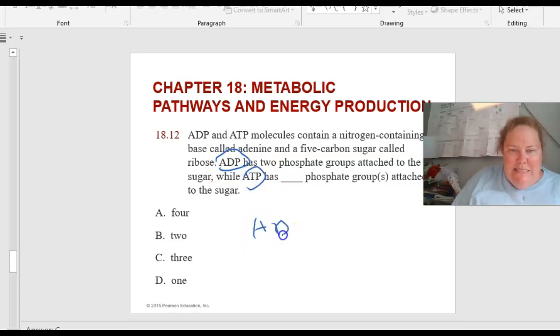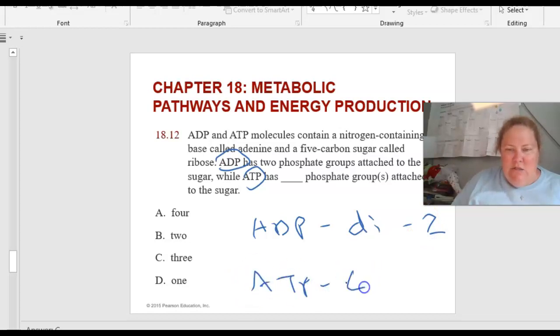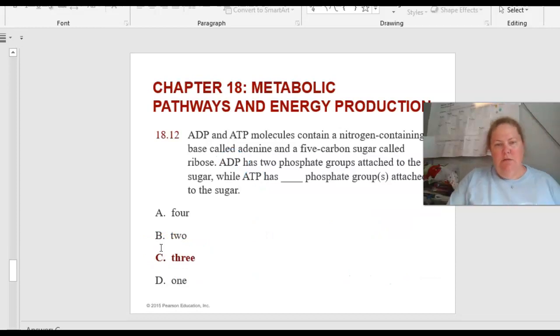ADP stands for adenosine diphosphate. Di means 2, where ATP stands for adenosine triphosphate, which is 3. So ADP has the di, or the 2 phosphates. ATP has adenosine triphosphate, or those 3.